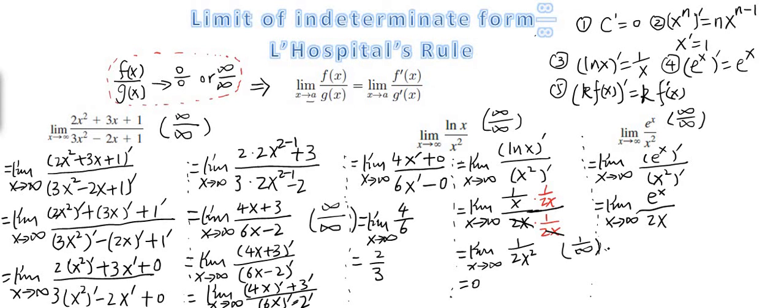Okay, and again we can see here it belongs to infinity over infinity. That means we can do L'Hopital's rule again. Okay, we can apply L'Hopital's rule again to solve this limit. Let's take a look.